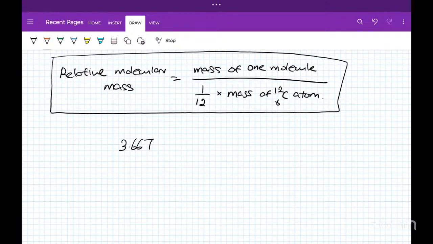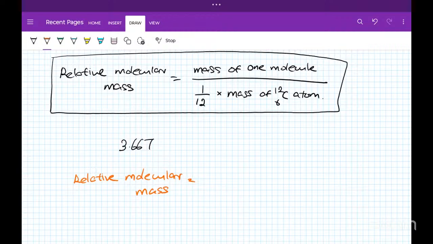So we can write the equation like this. The mass of one molecule is 3.667 times the mass of a C-12 atom.